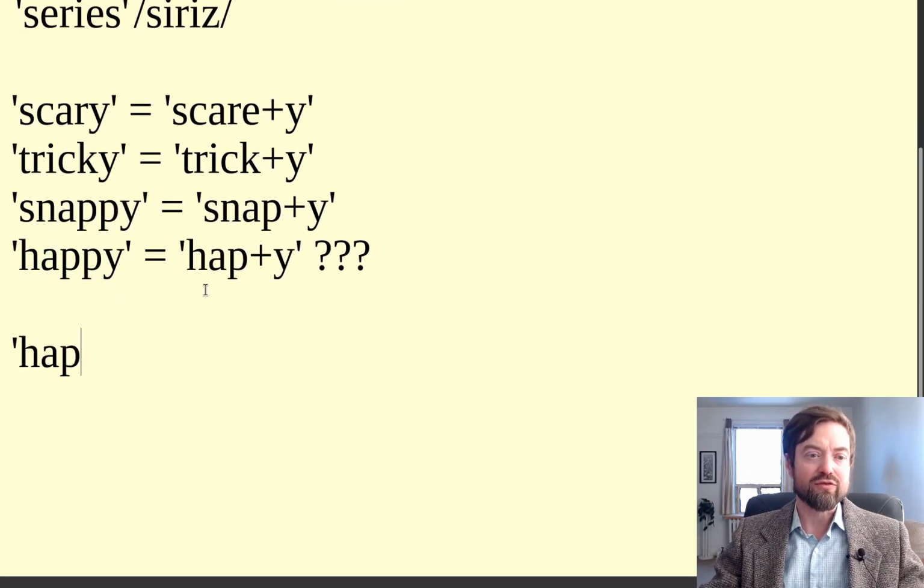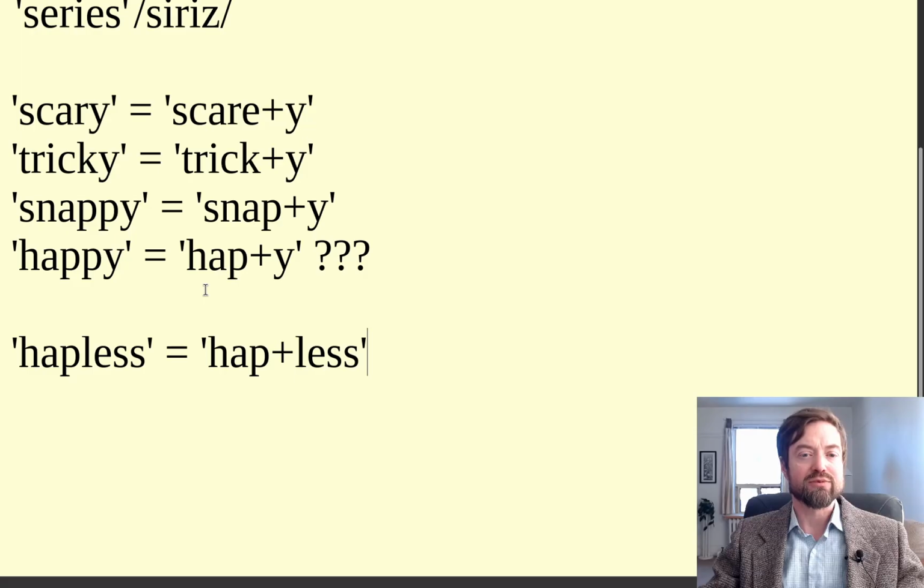For example, we have this word hapless. Clearly this is hap plus less, because we have so many words that we can put less after: clueless, hopeless. There's all kinds of words that we can put less after, and we know what that means. So hapless means without hap.